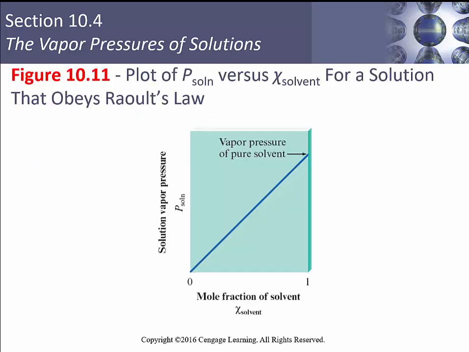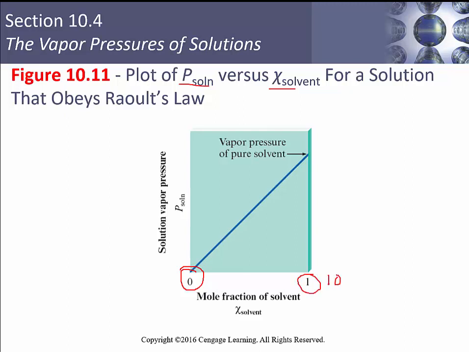Right? So looking at a plot of the pressure of solution versus the mole fraction of solvent, if we start off with no added solvent, our mole fraction is 0, and we increase that over to 100%.